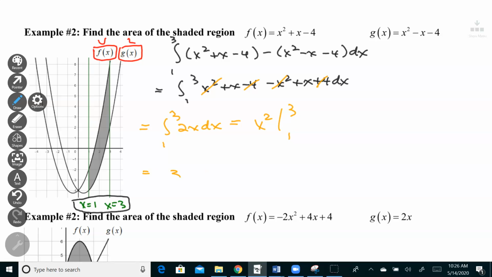So I get 3 squared minus 1 squared is 9 minus 1. I get that this total area of this shaded region is equal to 8, which is really the same as a 2 by 4 rectangle. Well, you can see the difference between the x's is 2. It'd be like the height was 4.